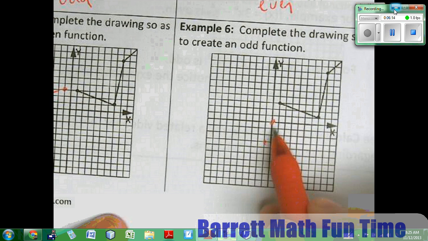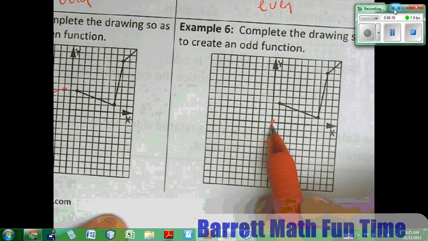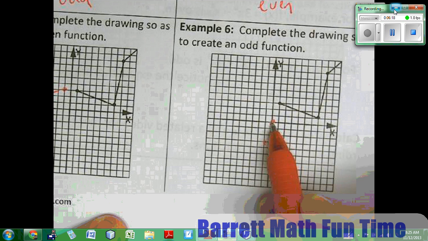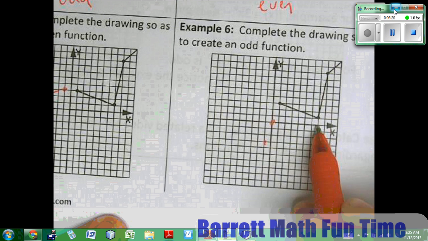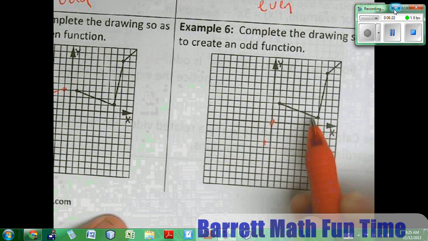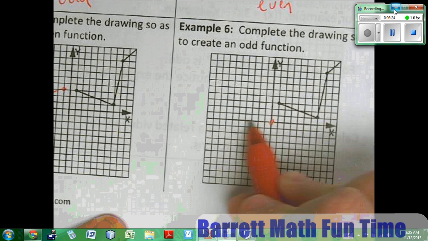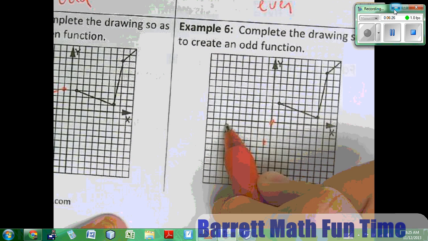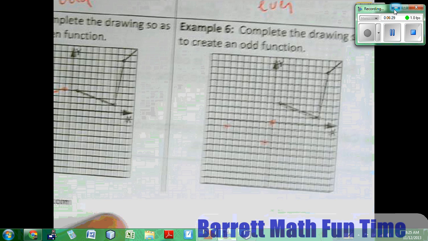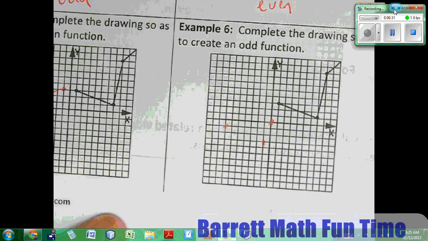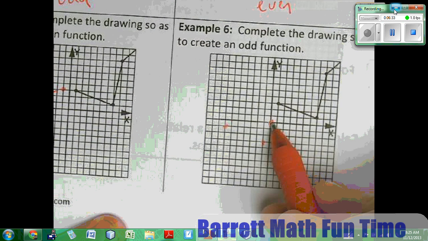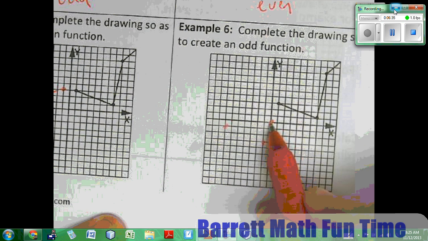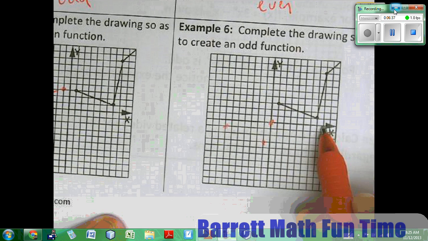I think I got it, Mr. Ray. Good. From the origin, I will go 7, 1. From the origin, I will go negative 7, down 1. From the origin, we go positive 8 on the x, positive 8 on the y.